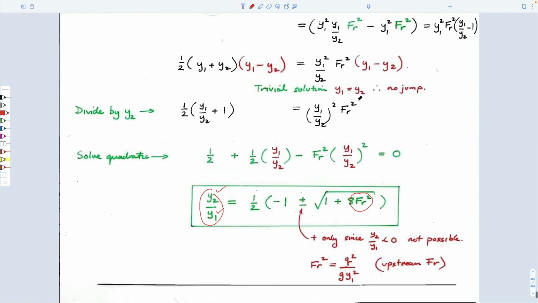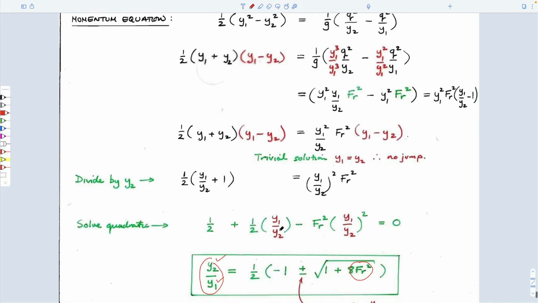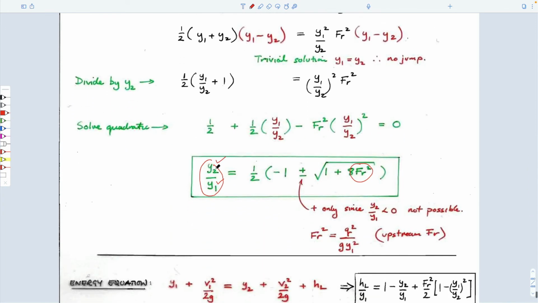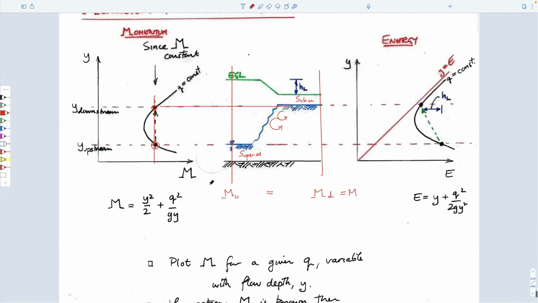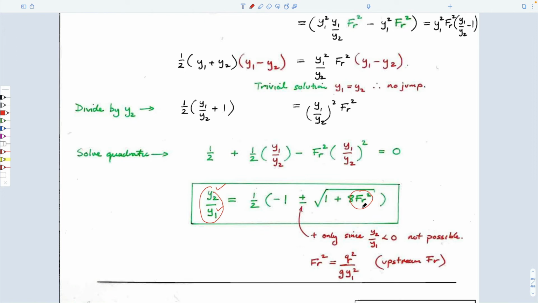So we can play around with the momentum equation, do a whole bunch of things. I won't bore you with it, but it allows us to say exactly what this ratio of these two depths, the upstream depth y1 and the downstream depth y2, should be. And it's purely as a function, as you can see from this relationship, as a function of the Froude number.